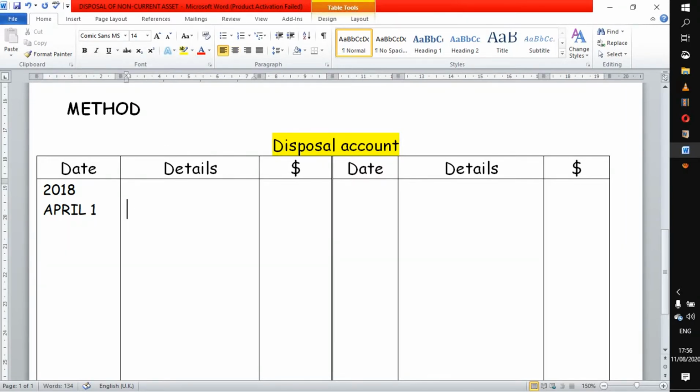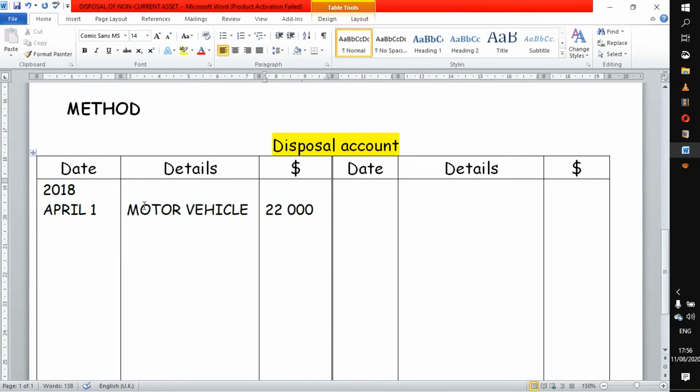On the debit side of the disposal account, you record the original value of the asset disposed. The motor vehicle that we are disposing today had an original value of 22,000.